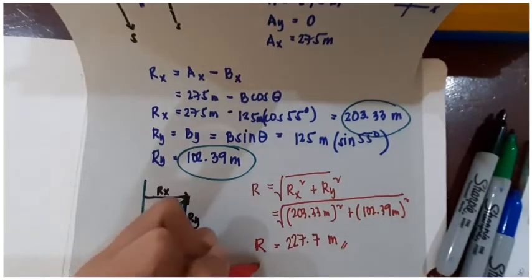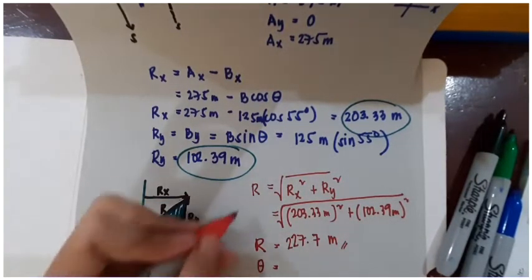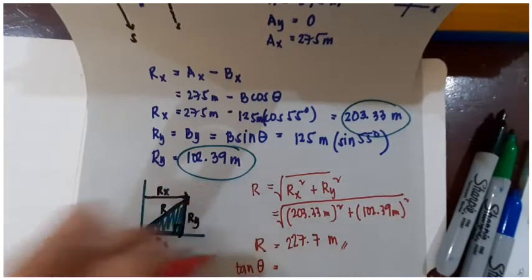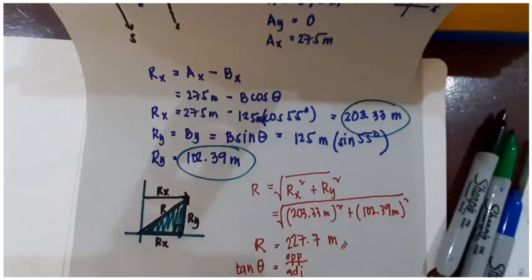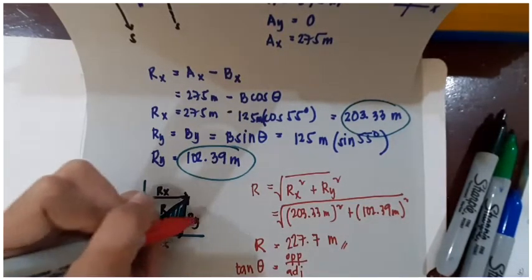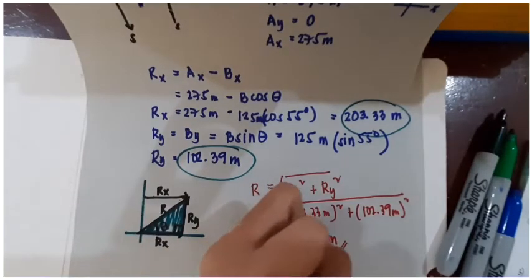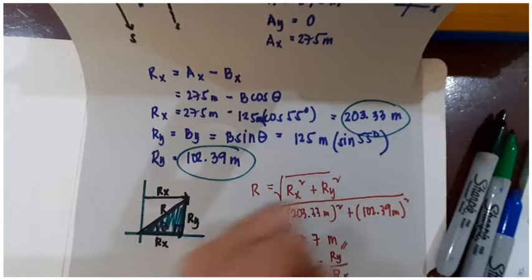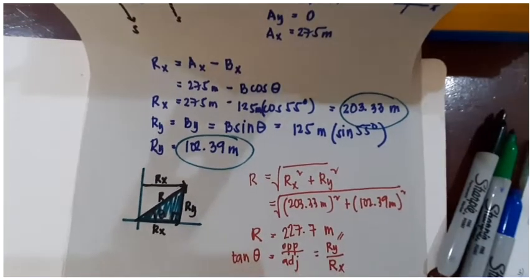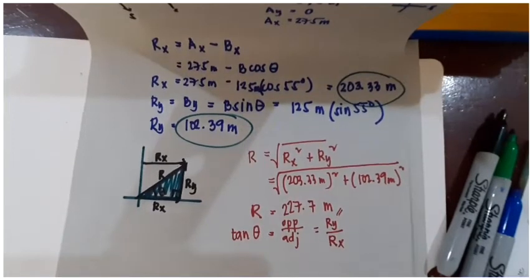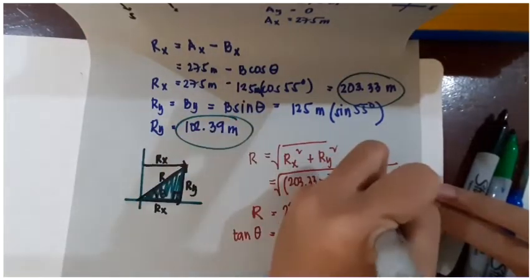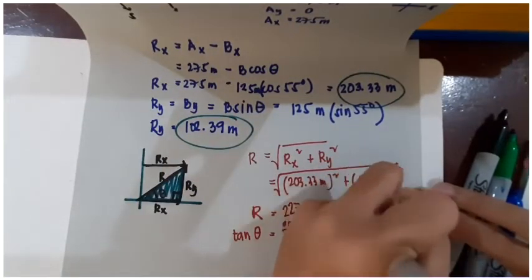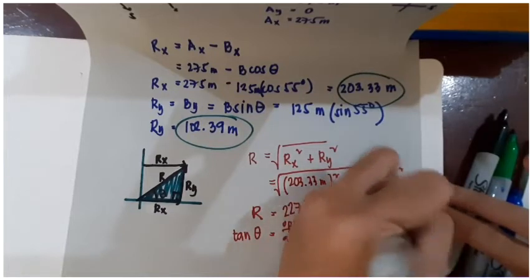Now, what about the direction? So si direction, gagamitin natin again si tan theta, opposite over adjacent. So in this case, andito si theta natin. Ito yung theta na kukunin natin. Your opposite is your ry, ry over rx. So that is 102.39 over 203.33 meters, mag-cancel sa meter.